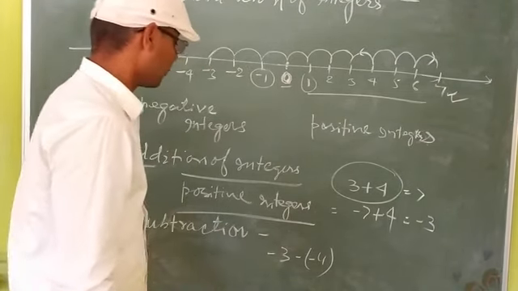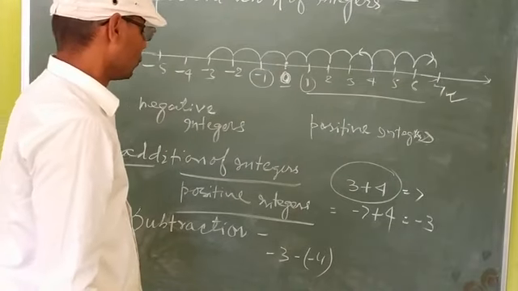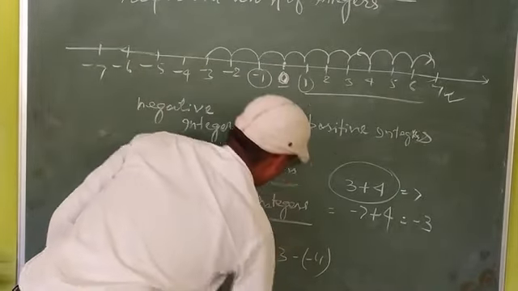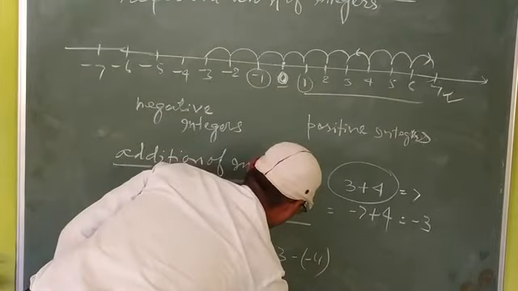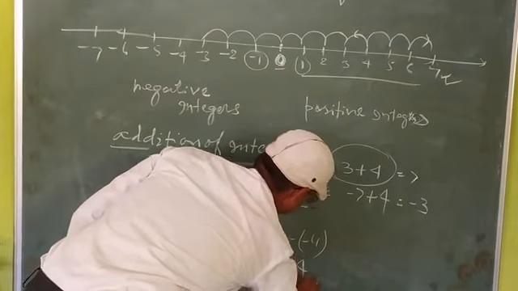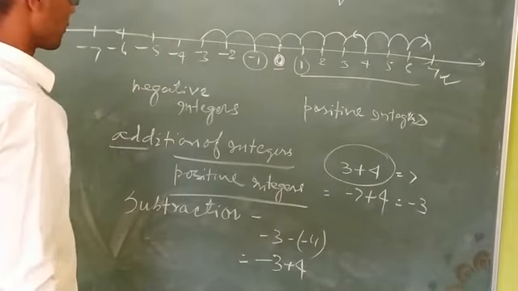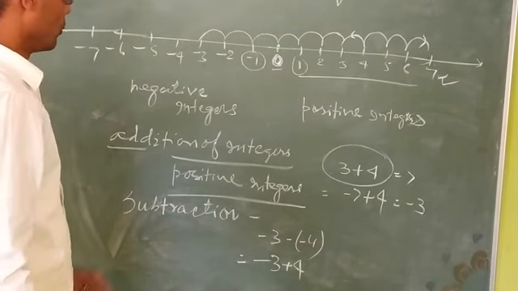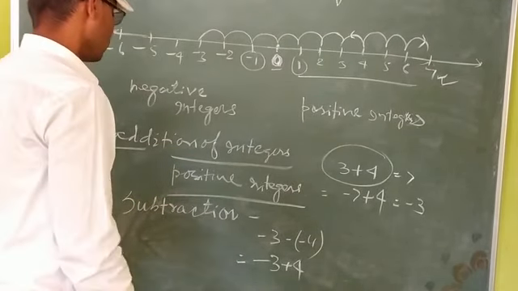At first, we will solve it. -3 plus 4 means we go through the right side.